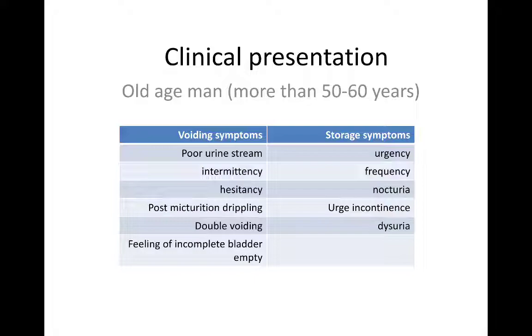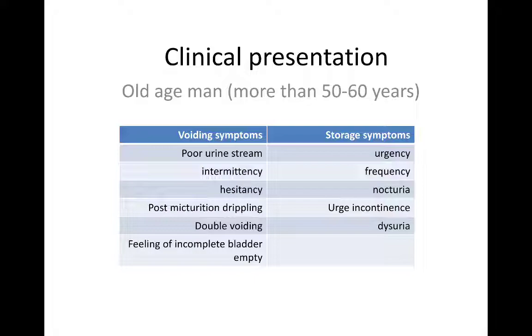The storage symptoms, or the irritative symptoms: urgency. Urgency by definition means a sudden strong desire for urination. Frequency is an increase in the number of urinations. Nocturia means an increase in the number of urinations during the night.